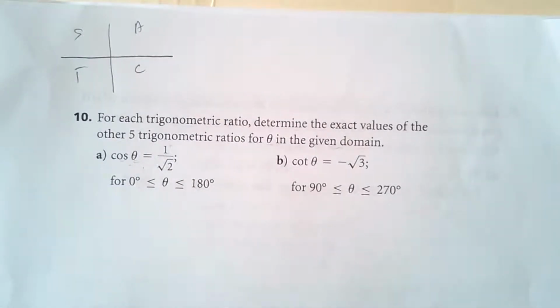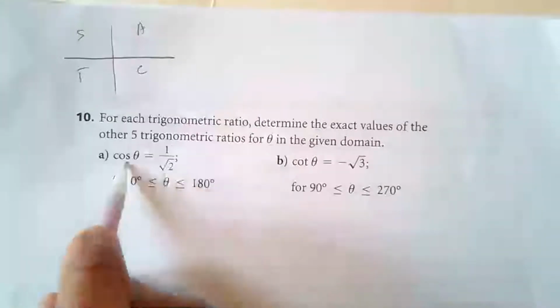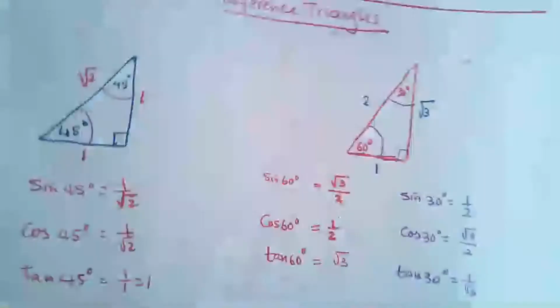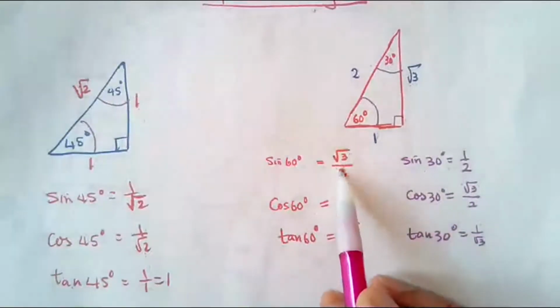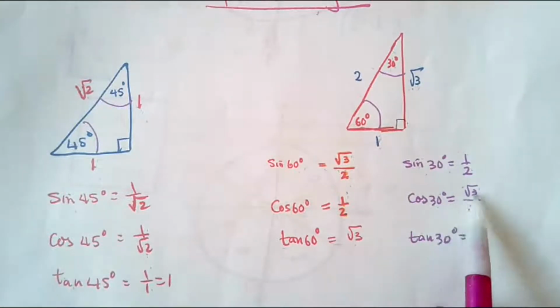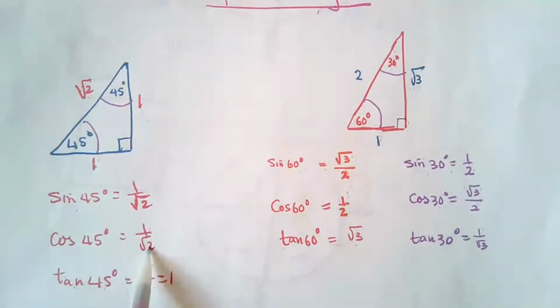What is the angle? Right now we do not know the angle for that. So we have to refer to our reference triangle to find what angle has cos 1/√2. Here are our possibilities. So we have √3/2. Okay, cos is a half. No, we're not looking at that. Cos of 30 degrees. No. But look at cos 45 degrees.